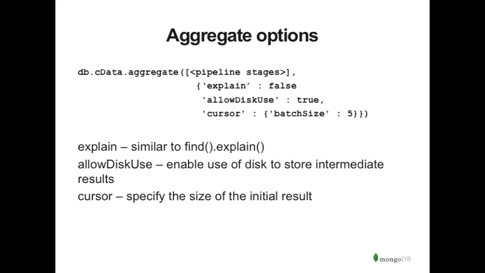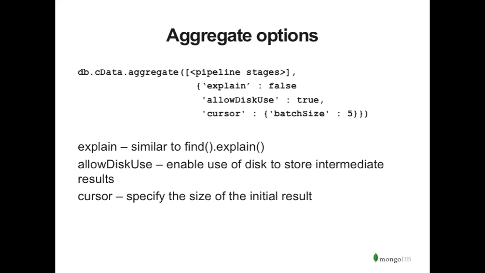The second option, called allowDiskUse, is really powerful when you need to run a very large, complex aggregation query on a large data set. In MongoDB, it will dedicate 100 megabytes of memory to perform an aggregation query. If your aggregation query requires more than 100 megabytes, you will get an error saying there's not enough memory available to perform the query, unless you set allowDiskUse to true.